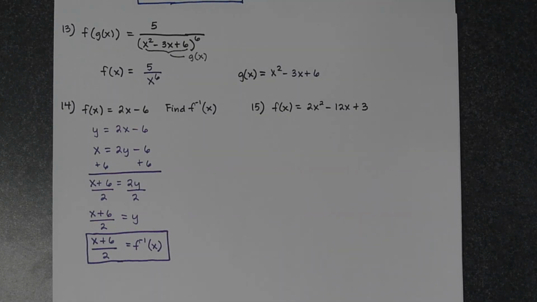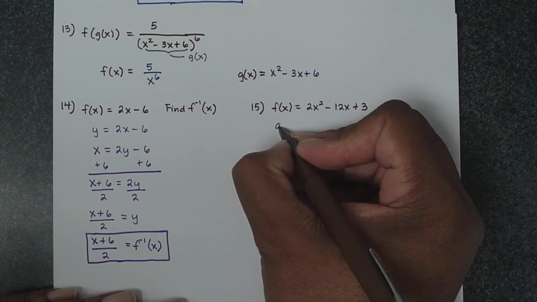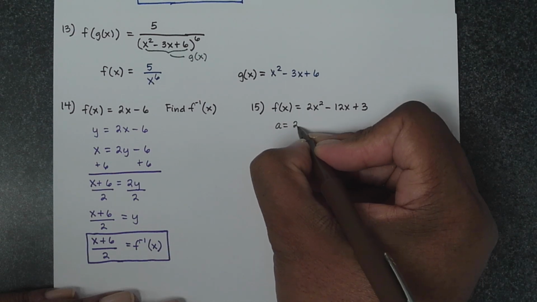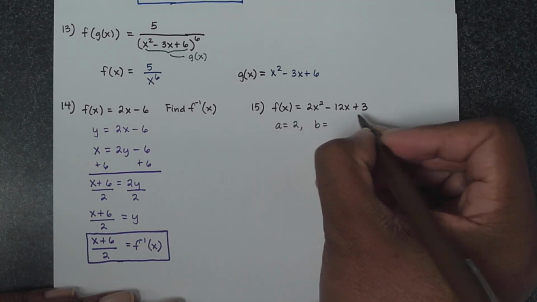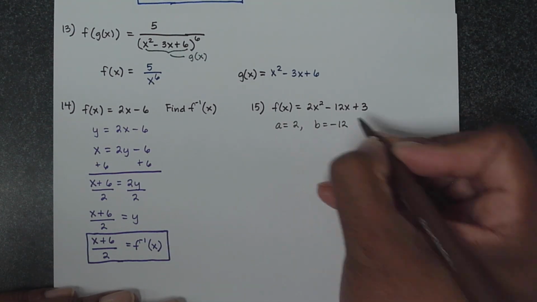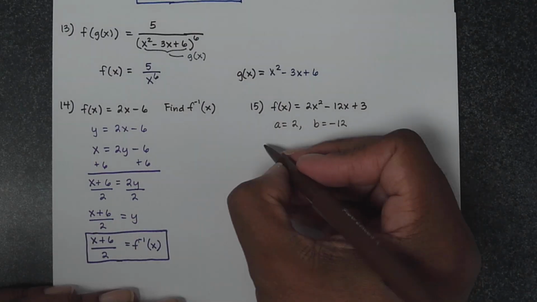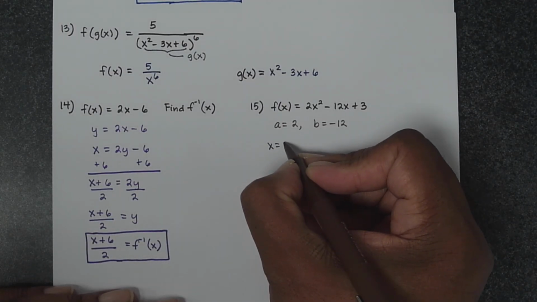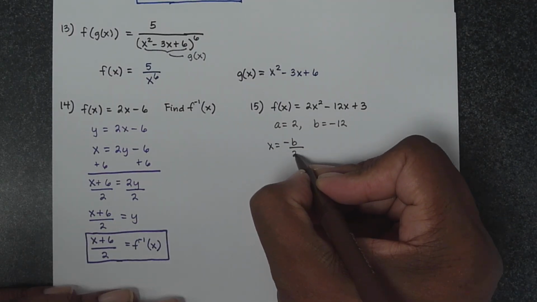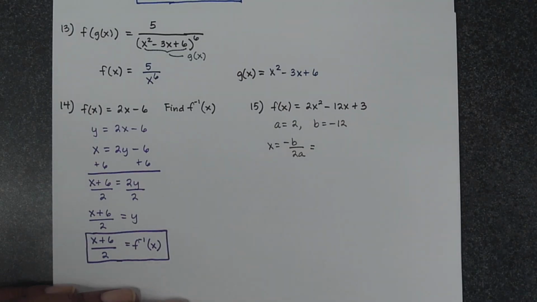There are two things I need to identify. I need to identify the a and the b. Well, the a is the coefficient of my x squared term, that's 2. The b is the coefficient of the x term, negative 12. So to find the x-coordinate of the vertex, I use x equals negative b over 2a.